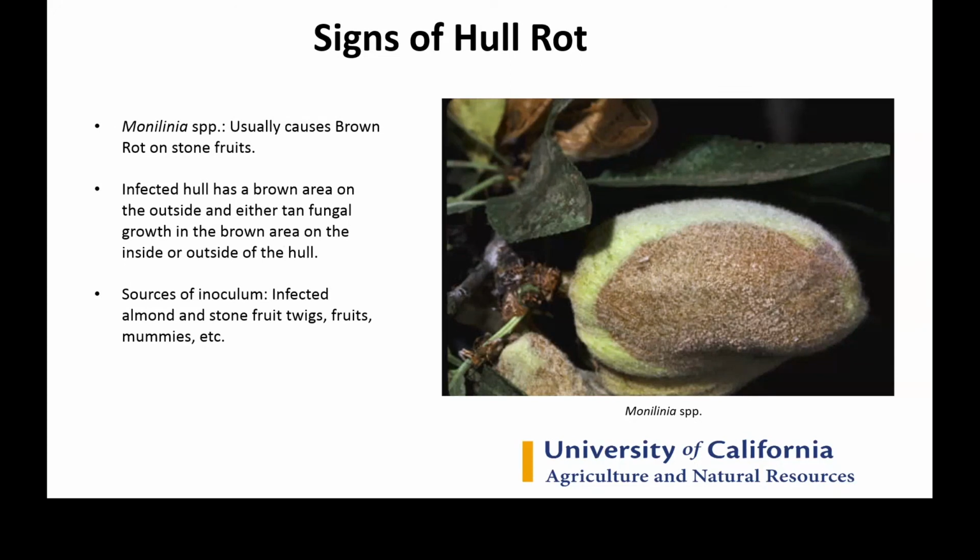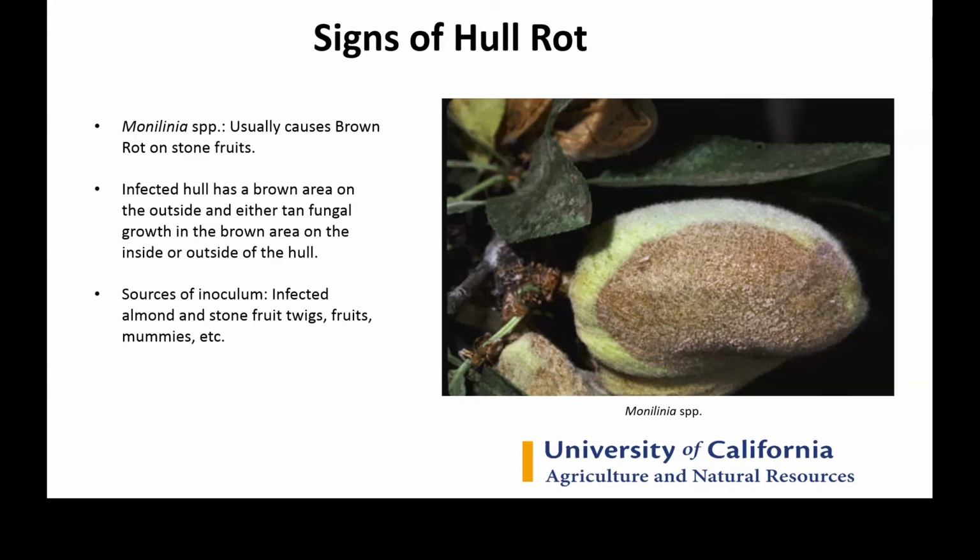So what are the sources of inoculum? The sources of inoculum for brown rot are usually infected almond and stone fruit twigs. So any twigs infected from past seasons, or the mummies that stay on the tree that were infected with brown rot, can be a source of inoculum.